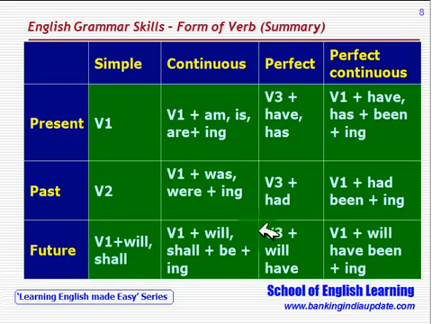For future, third form plus will have or shall have. And for perfect continuous, in case of present, first form plus have or has plus been plus ing.